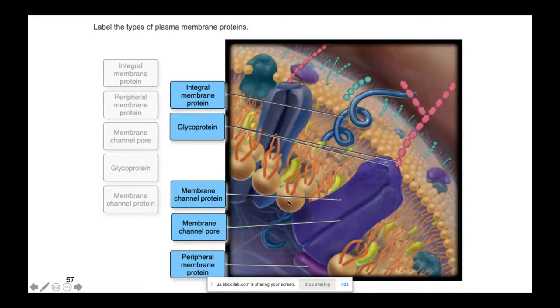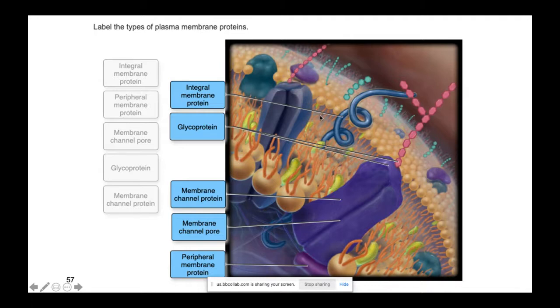So here's a phospholipid layer, here's a phospholipid layer, so we say it's a phospholipid bilayer. The phosphate portion, which faces the extracellular fluid, and the phosphate portion here, which faces the intracellular fluid, we say it's hydrophilic because it likes water. Inside the membrane, right here, would be hydrophobic.